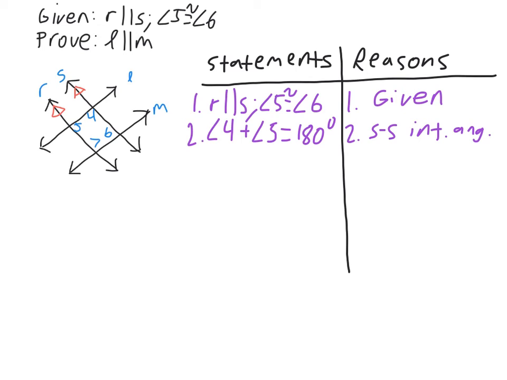Well, if we know that they're congruent, we've said here that angle 4 plus angle 5 is 180 degrees. If 5 and 6 are congruent, we can replace angle 5 with angle 6 and say that angle 4 plus angle 6 is 180 degrees.